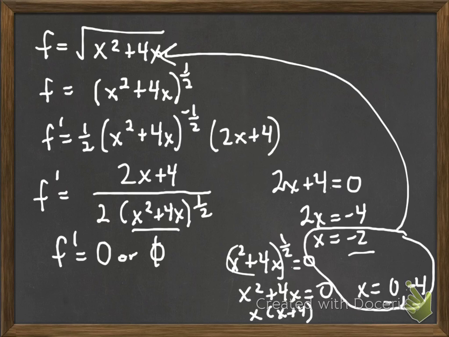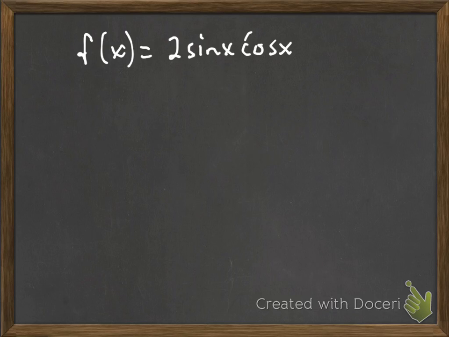Let's do one more chain rule problem with fractional exponent. f of x equals, let's do a trig and fraction all together, and a product rule. 2 sine x cosine of x to the 2/3. Okay, so first of all, this is a product rule.